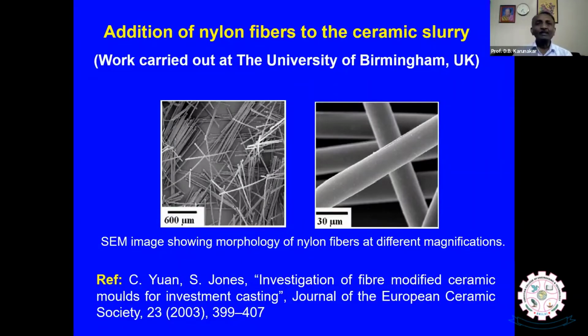They mixed these fibers into the ceramic slurry, and while the fibers were still mixed in, they created a shell around the wax pattern. Inside the dried ceramic shell, these nylon fibers were present. Now they heated the ceramic shell, and it gained strength.